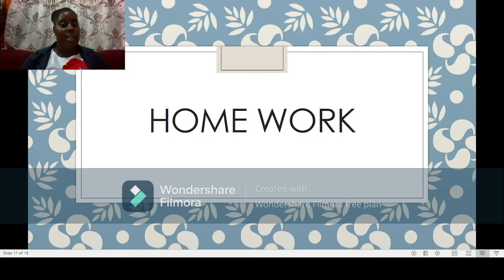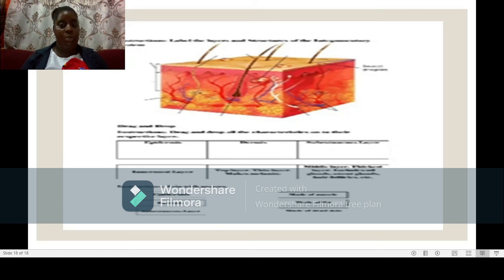And homework is for further learning. Homework here, the picture is not very clear. However, the picture in our classroom is very clear, so I would like you to answer the questions, and I would like you to submit same in our Google Classroom so I can have a look at them.